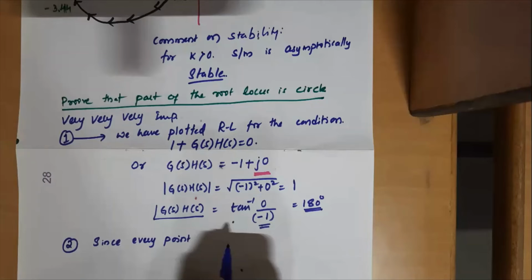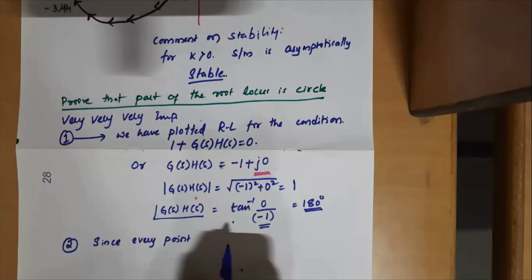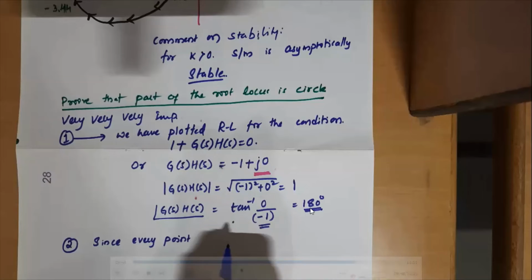That is the ultimate meaning. So I'll make a small rearrangement, and in the numericals, they will give only the loop transfer function, that is g of s into h of s. So every point on the root locus can also be given by this expression, which also means in terms of magnitude and phase angle, magnitude equal to 1 and phase angle equal to 180 degree.